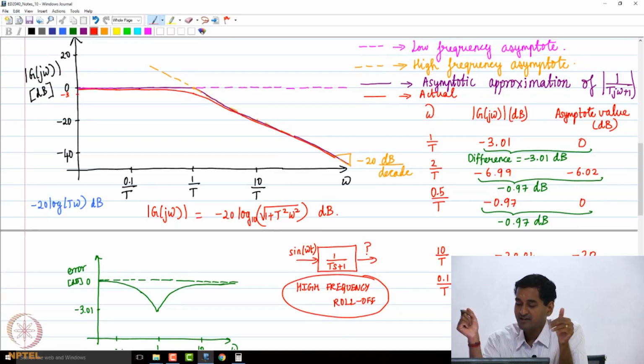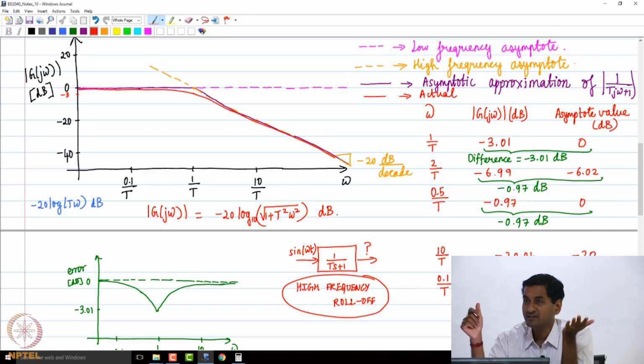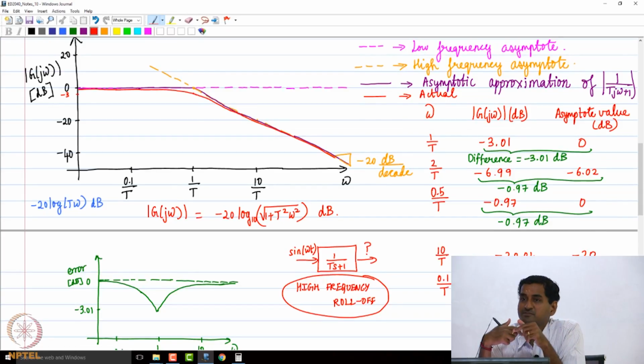So you see that as frequency increases, I'm going to have lower and lower magnitude. What is going to happen if I give a sinusoidal input whose frequency is, let's say, 10 by capital T? The magnitude is going to be scaled by minus 20 decibels. What is minus 20 decibels in absolute units? That's going to be 1/10.